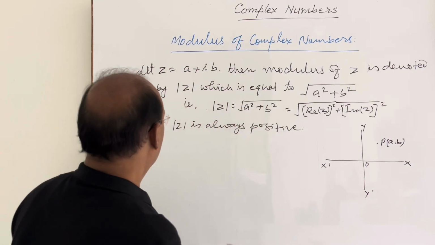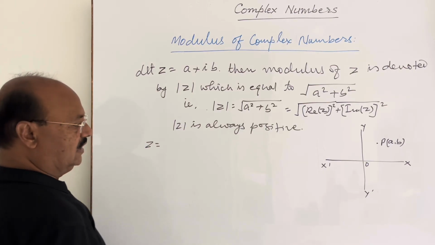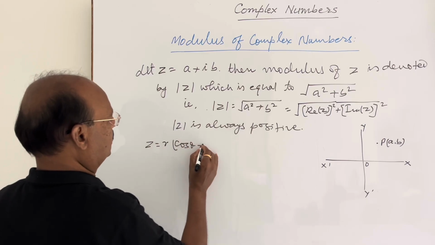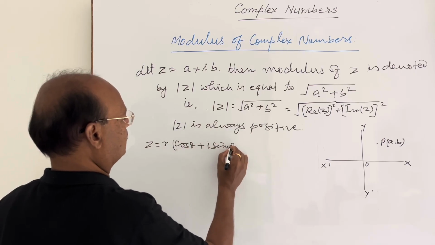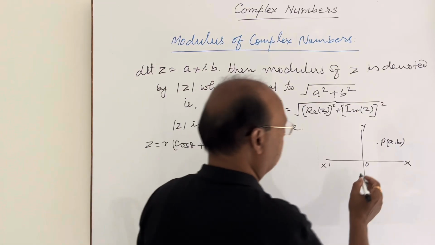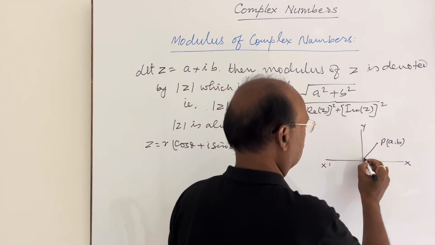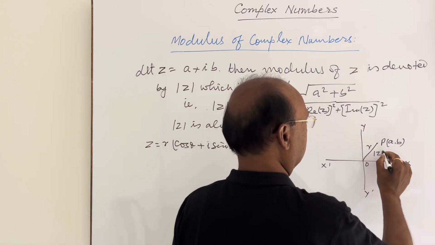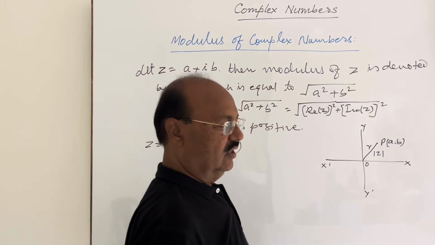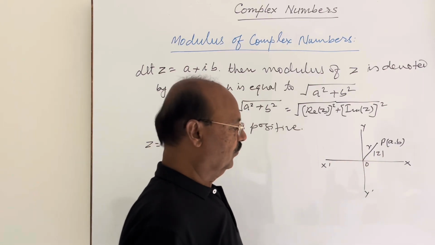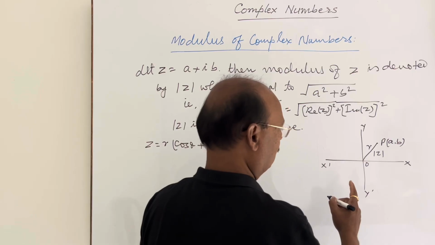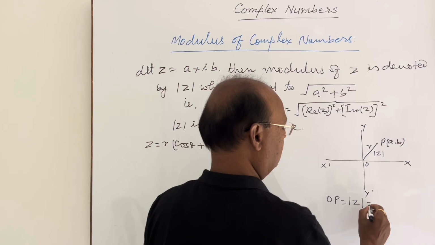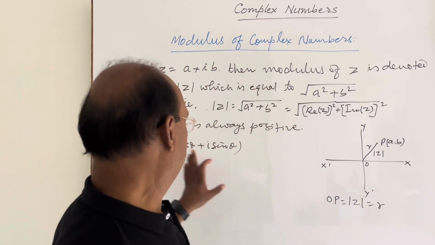And if this complex number Z is denoted in polar form like r cos theta plus i sin theta, then this distance OP is r, or this distance OP is modulus of Z. So in this argand diagram, we can understand that OP is mod of Z, which is equal to r in polar form.